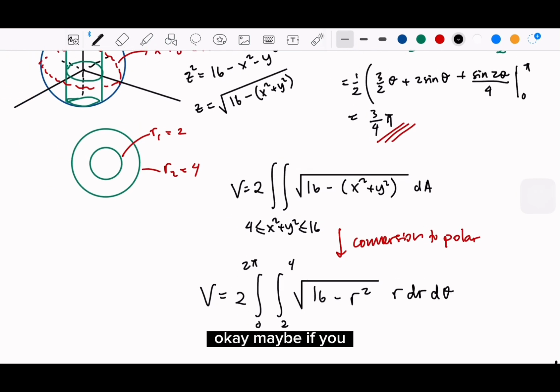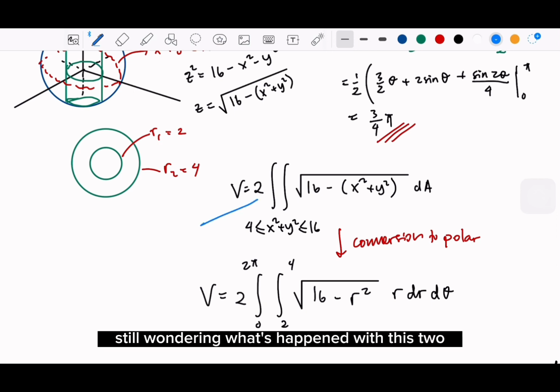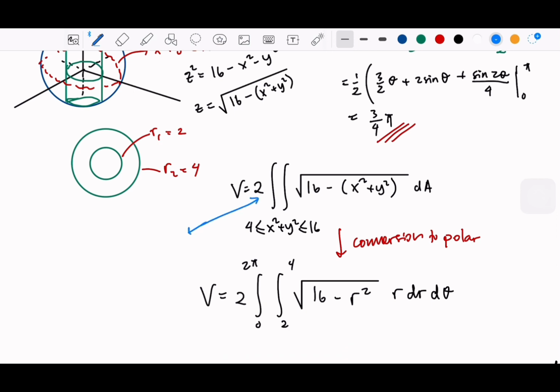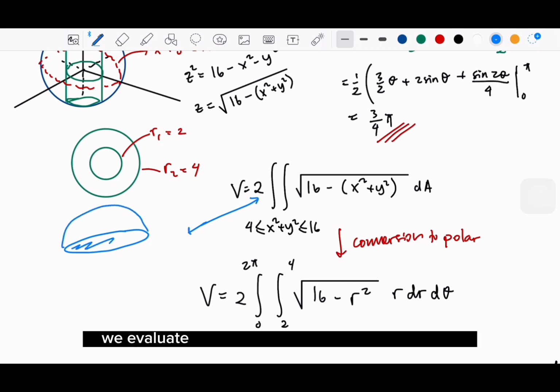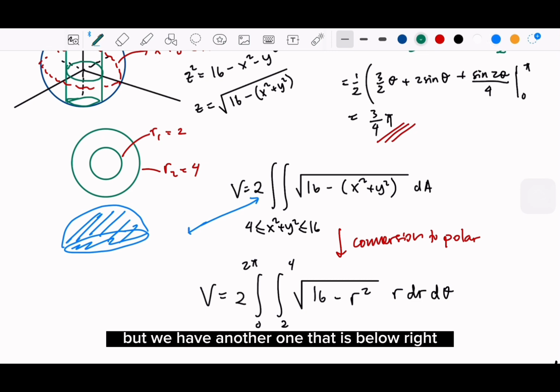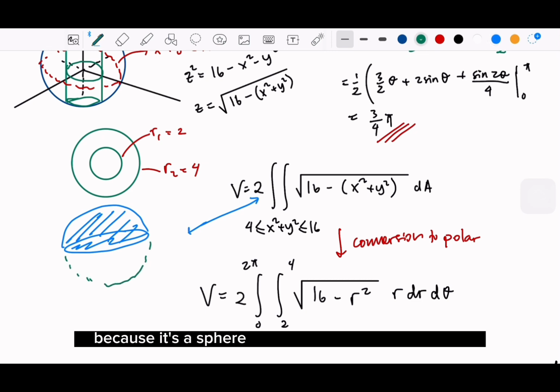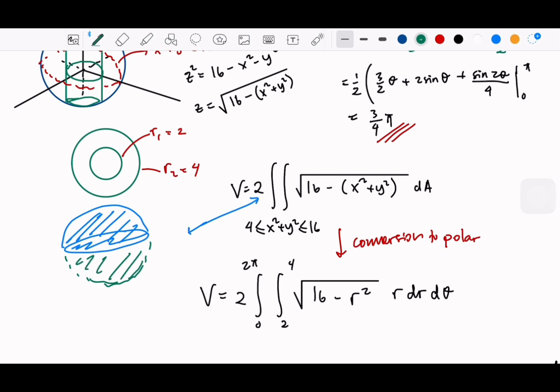Okay, maybe if you're still wondering what happened with this 2, it's because usually we take this like that, right? We evaluate something over the surface, right? But we have another one that is below, right? Because it's a sphere. So we need to multiply by 2.